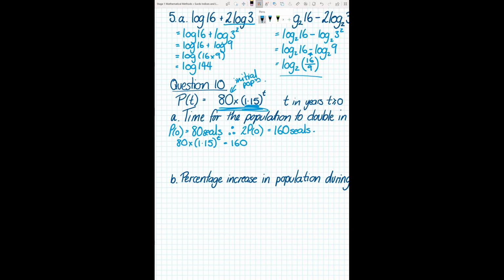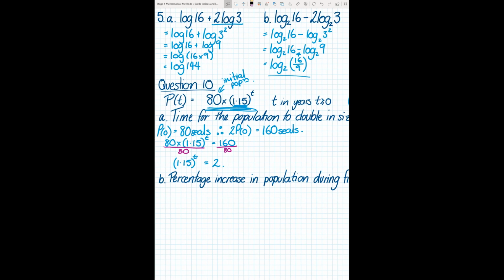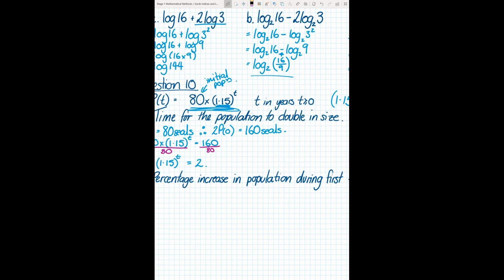Straight away we can see that if we divide both sides by 80, we get 1.15 to the power of t is equal to 2. Now before we knew how to use logarithms, that would be pretty much as far as we went and we wouldn't be able to solve this. But now we can use our logarithms by taking the log of both sides of the equal sign.